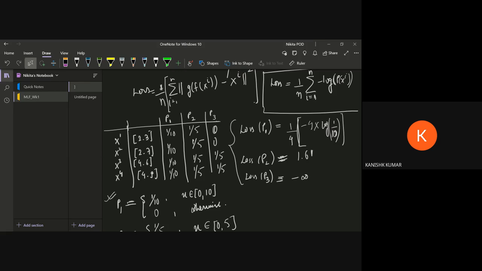What is log of 0? Undefined. It goes to minus infinity, right? Will undefined added to something remain undefined?